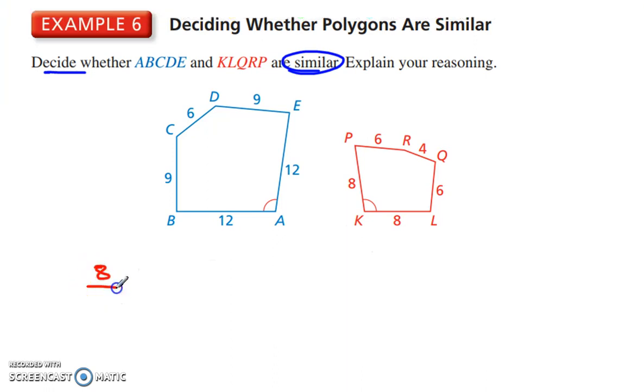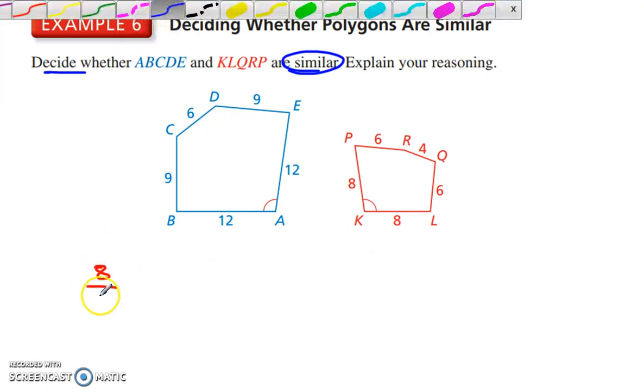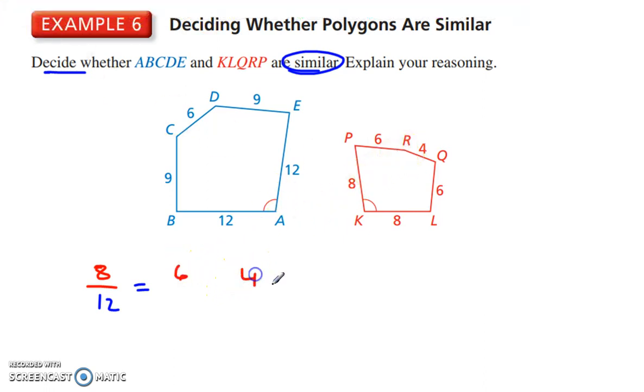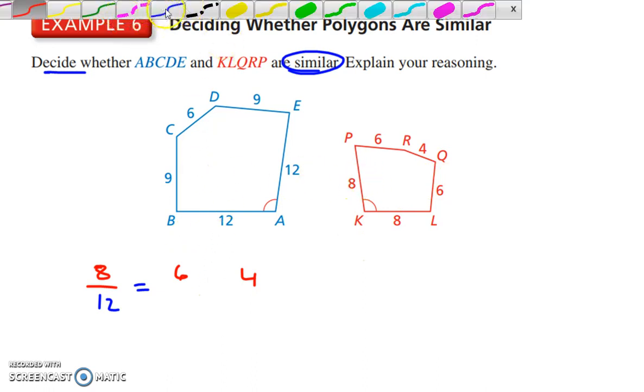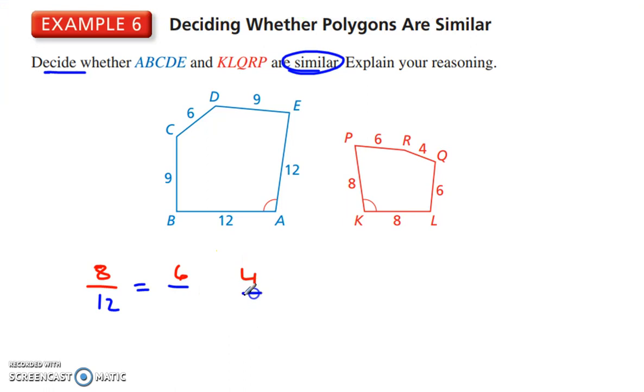So I'm going to do 8 over 12. Let me write out all these: 6 and 4, and then the others are also 6 and 4. Corresponding sides seem to have equal measures. 6 looks like it corresponds to 9, and same thing here.